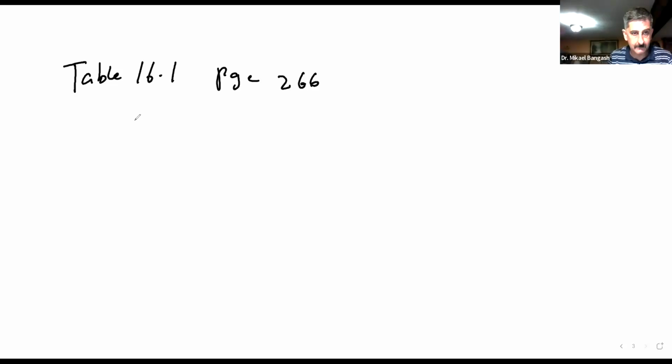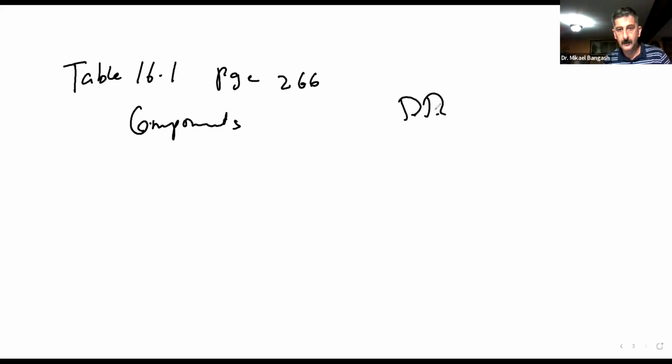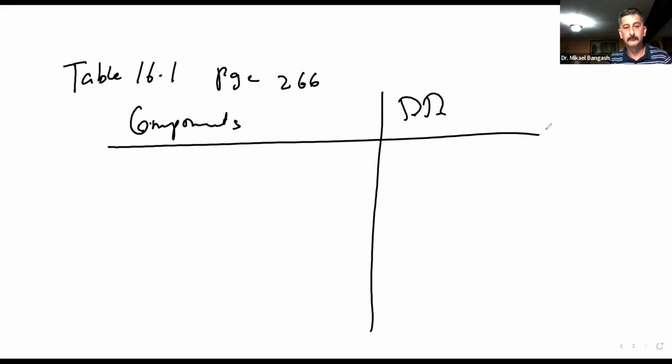Now, ladies, it gives you two pieces of information. It gives you components and it gives you the dynamic range. Now, ladies, if you follow the list of components, the first one is your transducer.